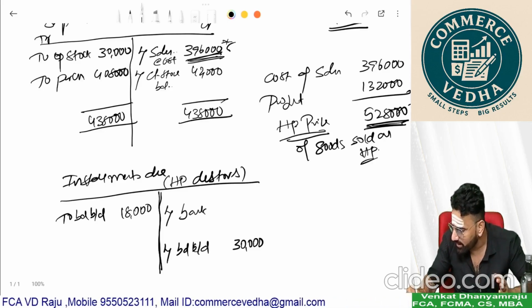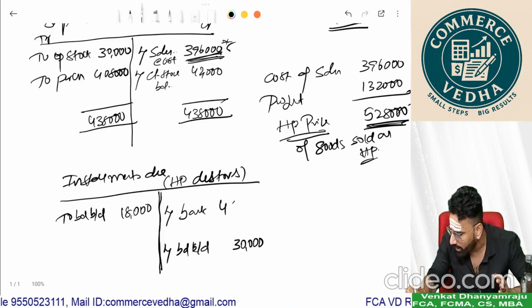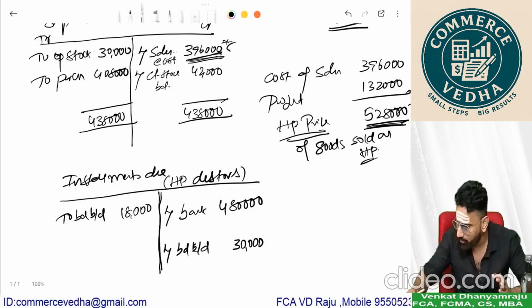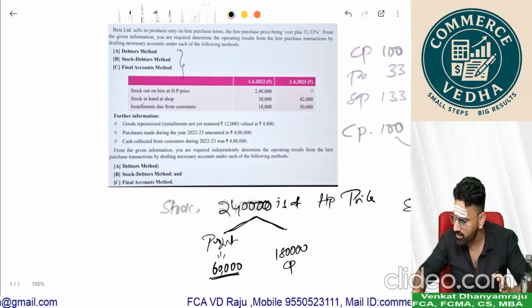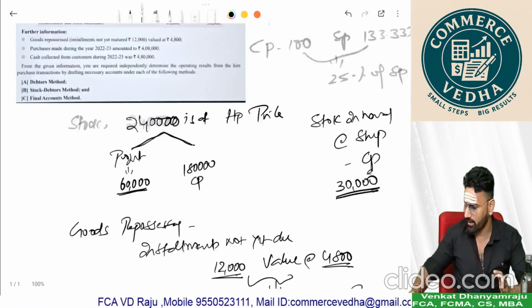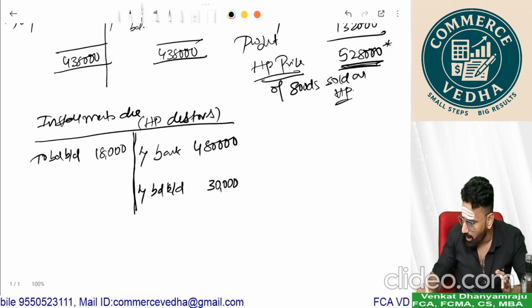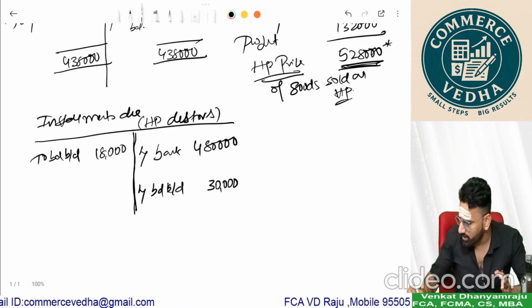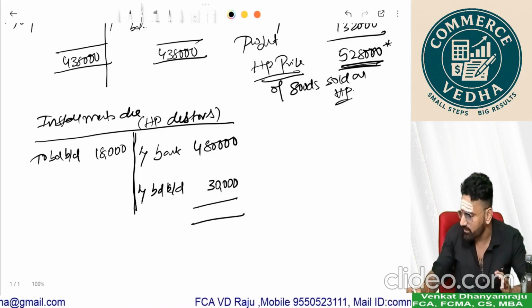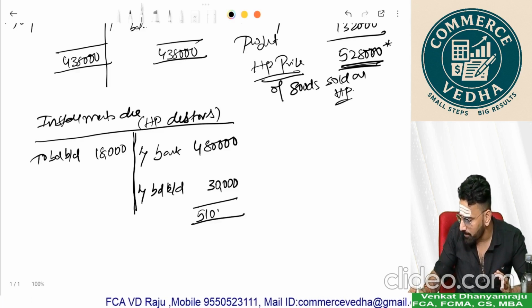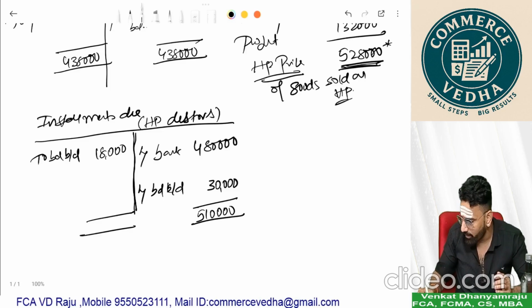Cash collected is 4,80,000. If I'm not wrong in the question, the cash collected is 4,80,000. So opening debtors, cash collected and closing. If we see, this is 510 and 510.